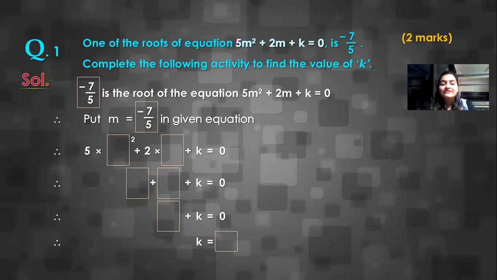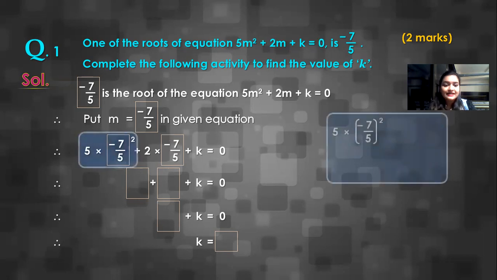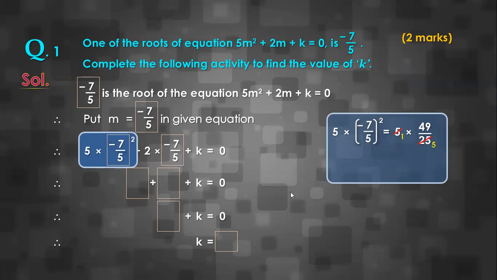5m square will be 5 into minus 7 upon 5 the whole square. 2m will be 2 into minus 7 upon 5 plus k. Now guys, let's solve because we are having only two boxes. Minus 7 square is 49. 5 square is 25. So 5 ones are 5, 5 fives are 25.